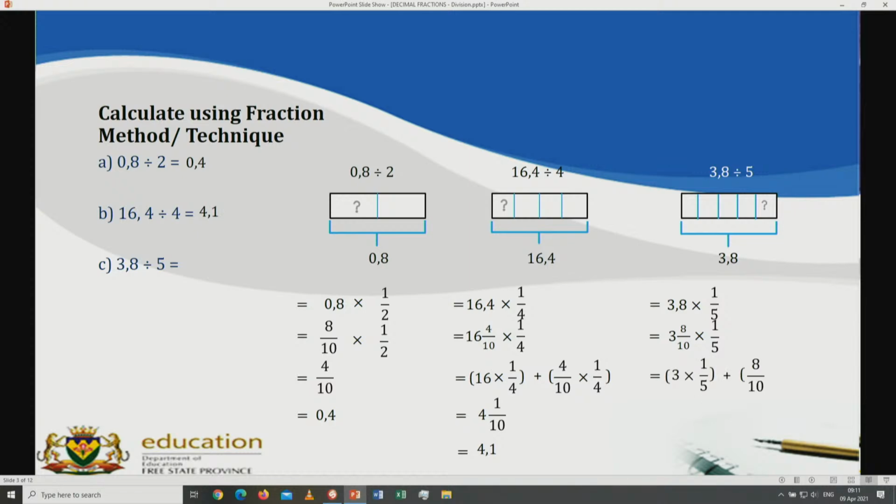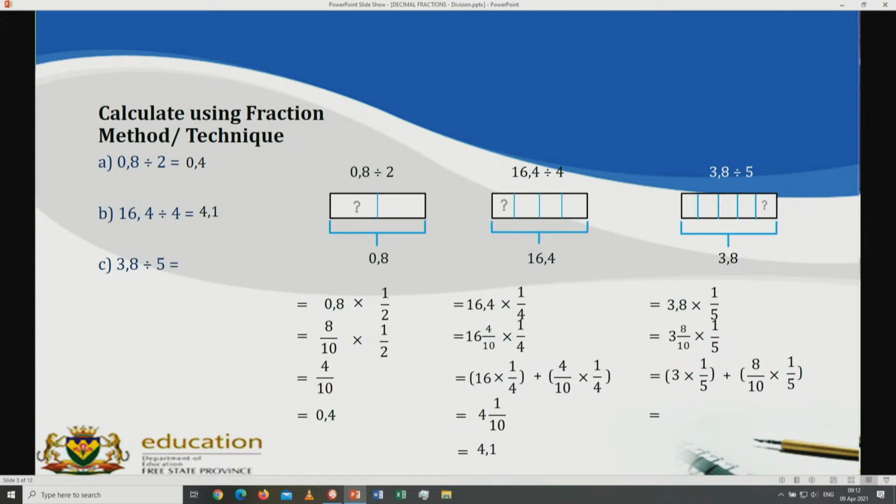Plus 8 tenths by 1/5. Good. How much does it give us here? As you can see, we cannot simplify, but we can say 3 multiplied by 1, because 3 is the same as 3 out of 1.